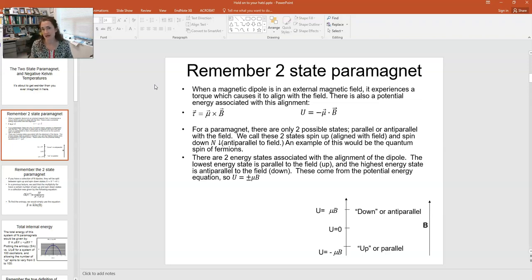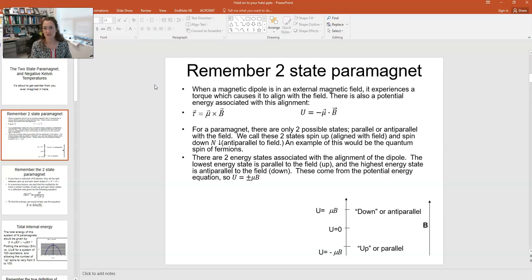And this means that for a quantum particle, they're as aligned as they get with the field. Now, you can't know exactly how aligned it is with the field because of the uncertainty principle, but that's a different lecture. So just take it for now that you can either be as aligned as you get with the field or as anti-parallel as you get with the field. And that is our classic two-state paramagnet.